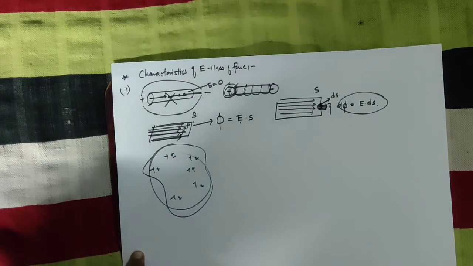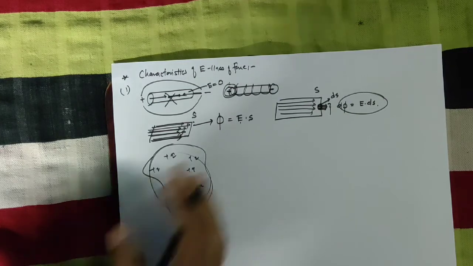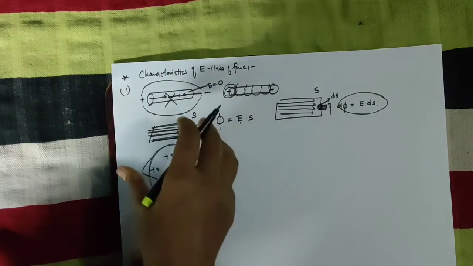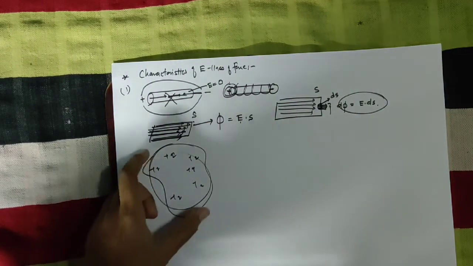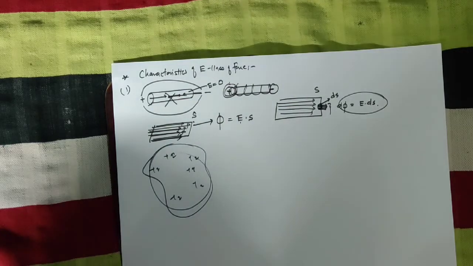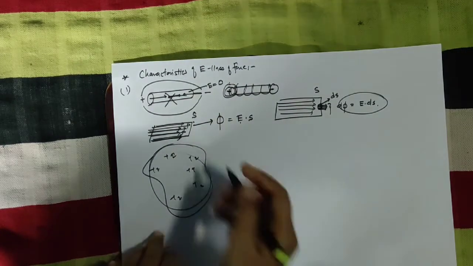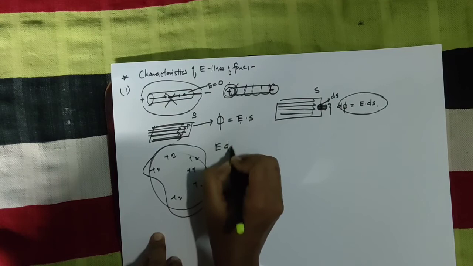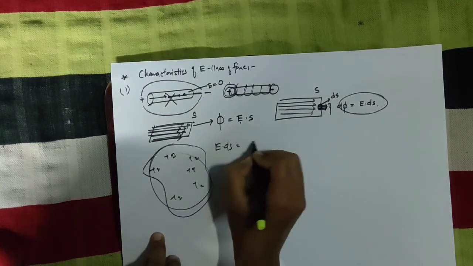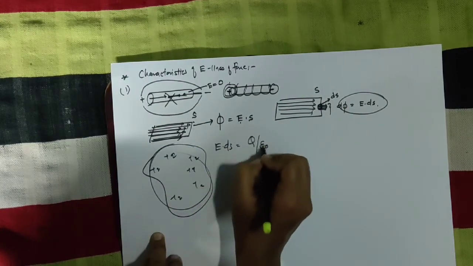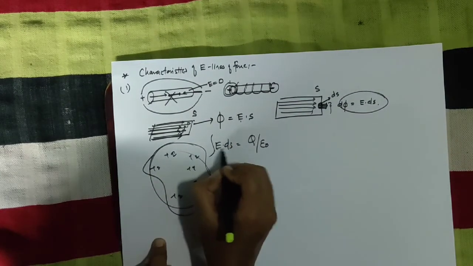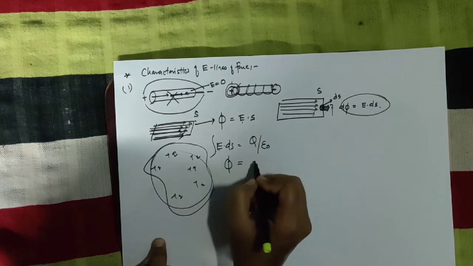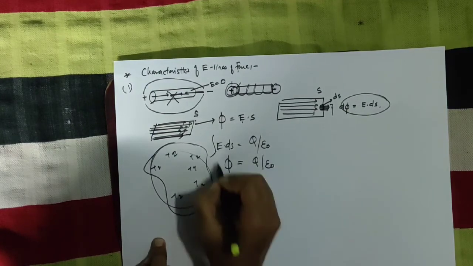If you take the ratio of the enclosed charge with respect to the permittivity of that medium, you get the total electric flux enclosed by the given area, and that is Gauss law. We write the integral of E into ds is equal to Q upon epsilon naught; integrating E into ds gives the total flux, which equals Q upon epsilon naught.